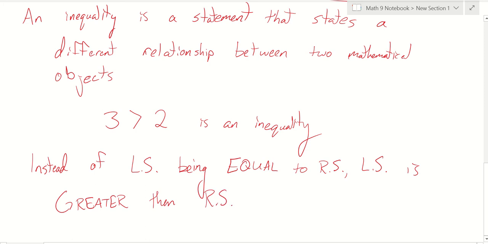So that's all we mean by an inequality. It's a fancy sounding word, inequality. What the heck is that? Well, it's simply a statement that says exactly how two mathematical objects are not equal to each other. In particular, this number is greater than. But we can have other kinds of statements of inequality.